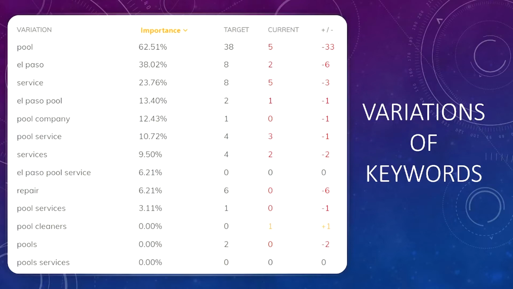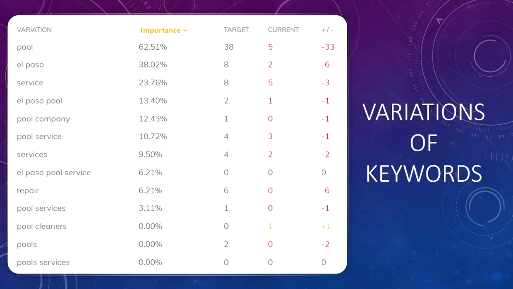And if you look here, you can see the variation like pool, El Paso, because I'm trying to rank it locally for that city, service, El Paso pool, pool company, pool service, and so forth. It tells you the importance of that word. So you always want to start at the top to include these words naturally on the page.